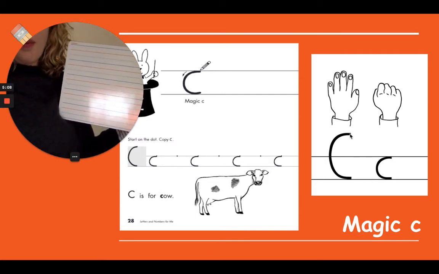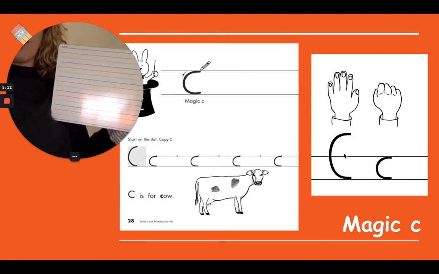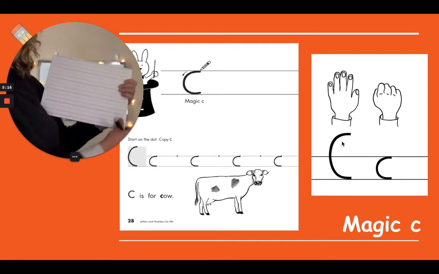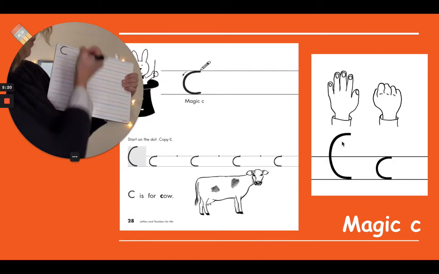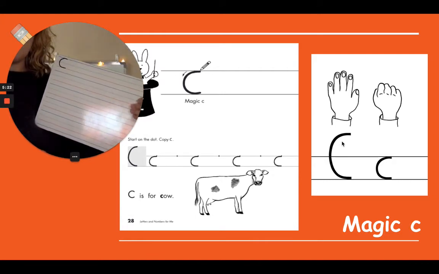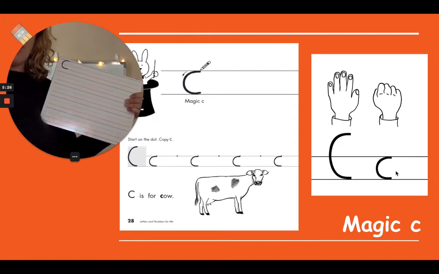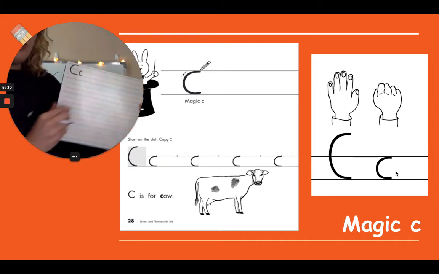So our uppercase or capital C is big and tall. So it goes above this line right here. So here's our uppercase C. To do our lowercase c, it stays inside these lines right here. So we're going to do just like that.